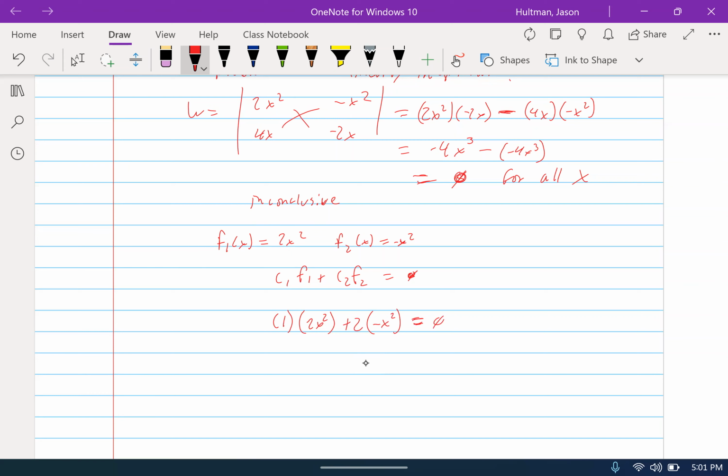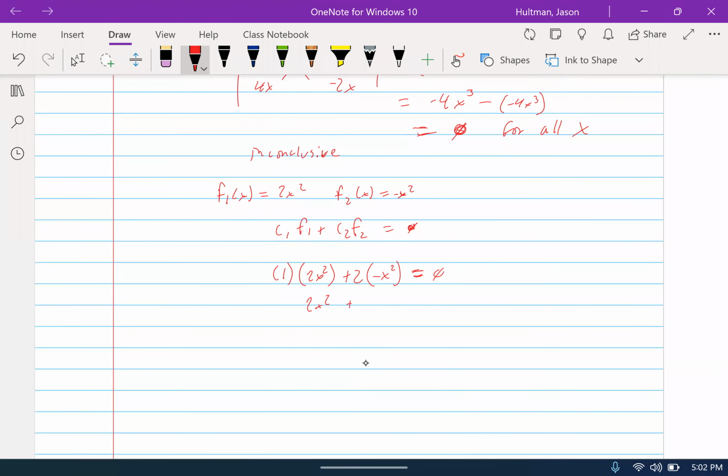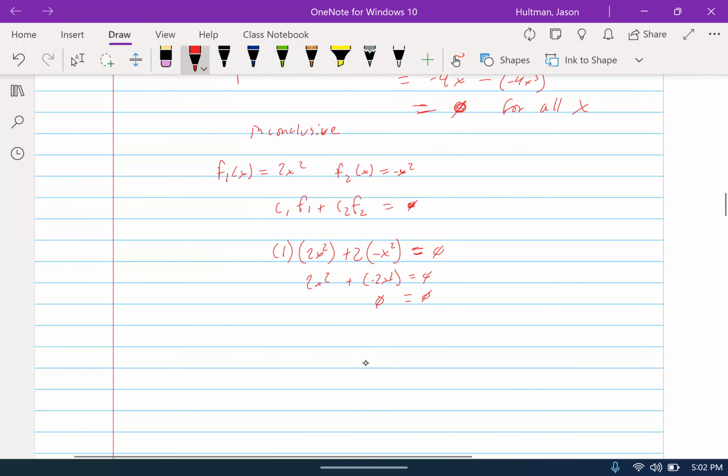Does that equal 0? Yes, I get 2x squared plus negative 2x squared equals 0, so 0 equals 0. So we can see that f1 is just equal to negative 2 times f2, and so they are linearly dependent.